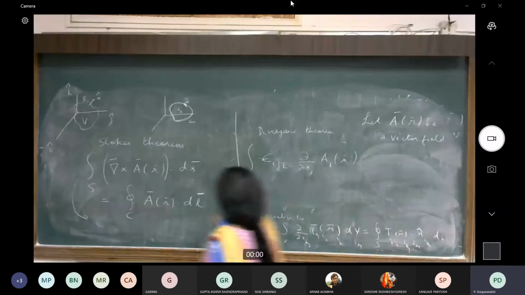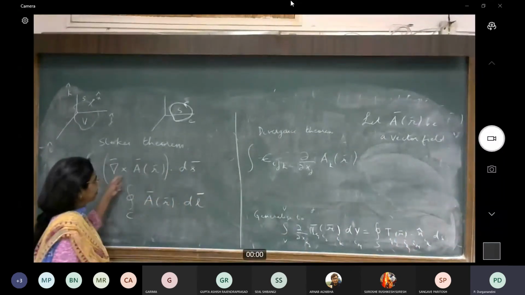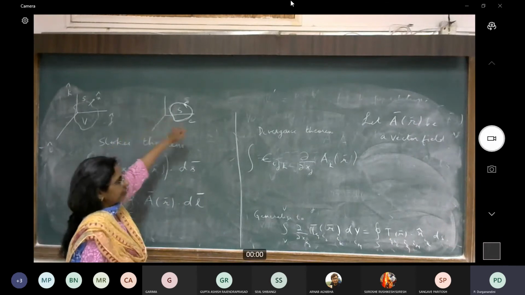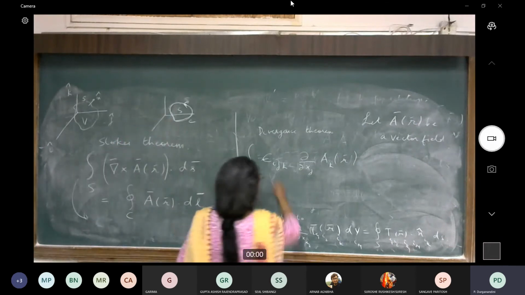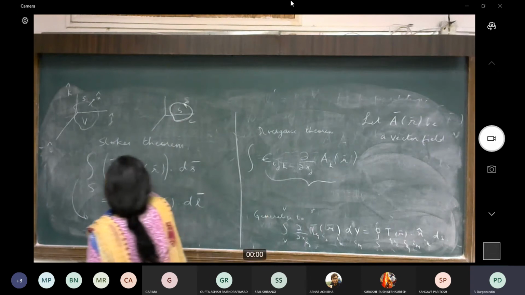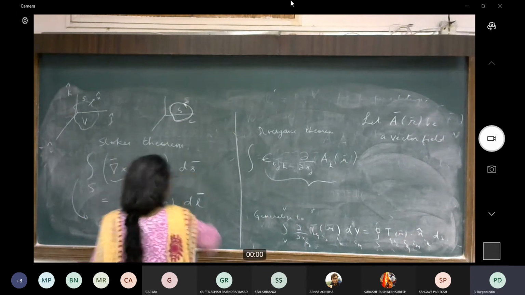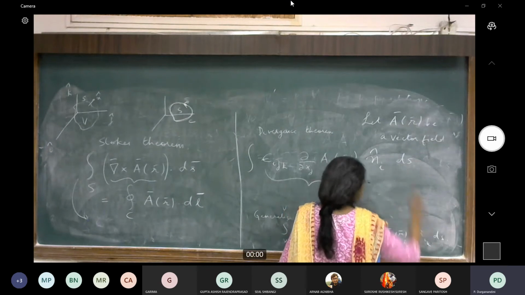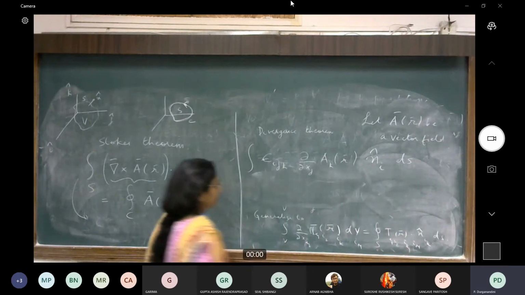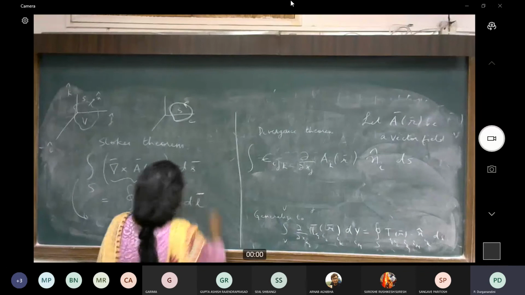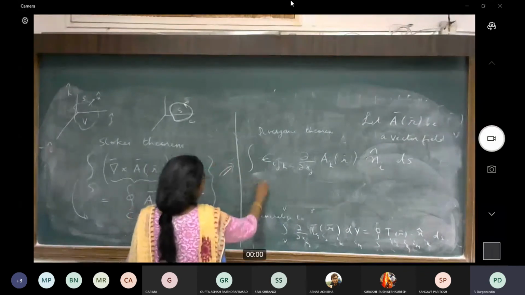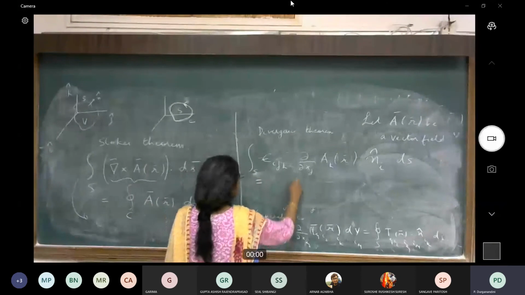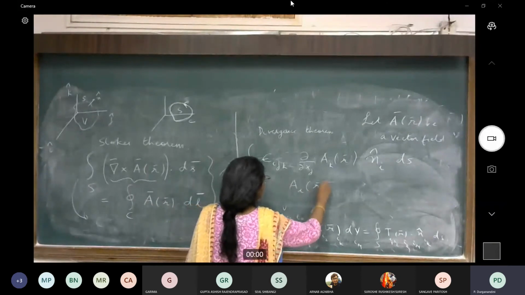The fact that I had this dot product here, because this is a vector which I have to dot with dS, and dotting with dS means dotting with the normal. So this is the ith component, and then I dot it with the ni cap, and then I simply have a dS, which is a scalar. So this in the tensorial language can be written in this form, over S. And if you look at the right hand side, I can simply write it as Ai of r.